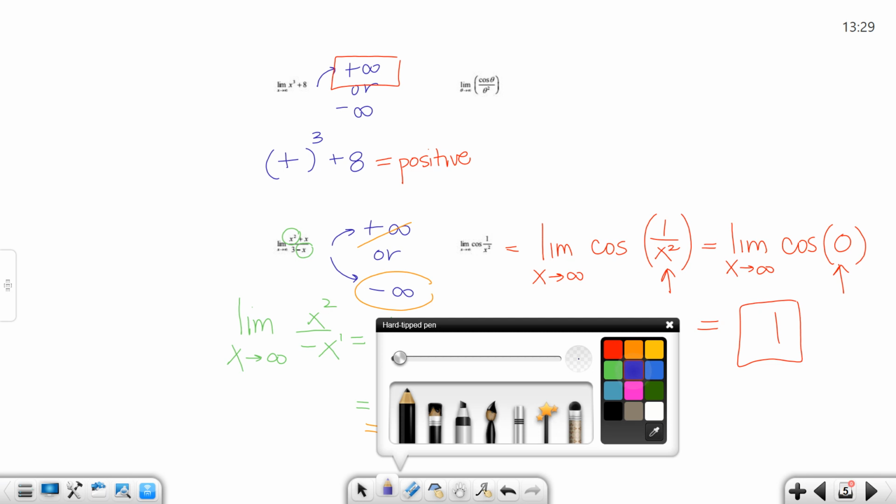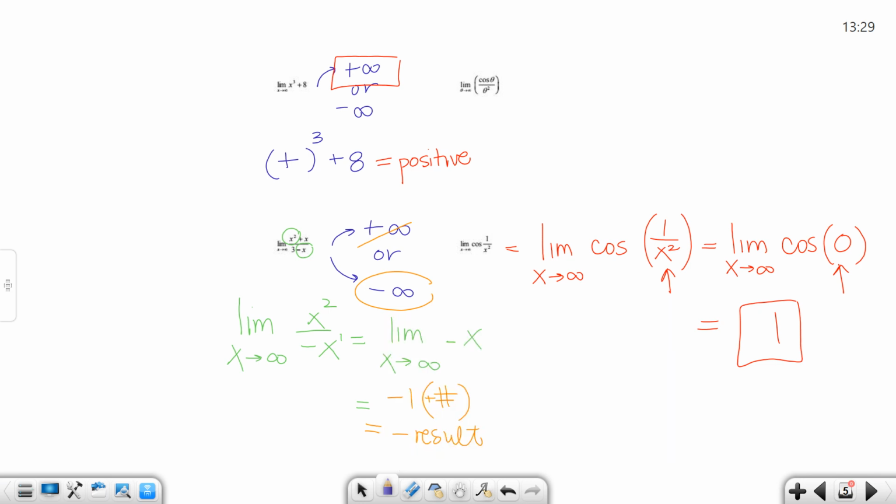Now at the top, you have a tricky one. So you've got the cosine of theta over theta squared. Now it's hard to see when it's written so small.